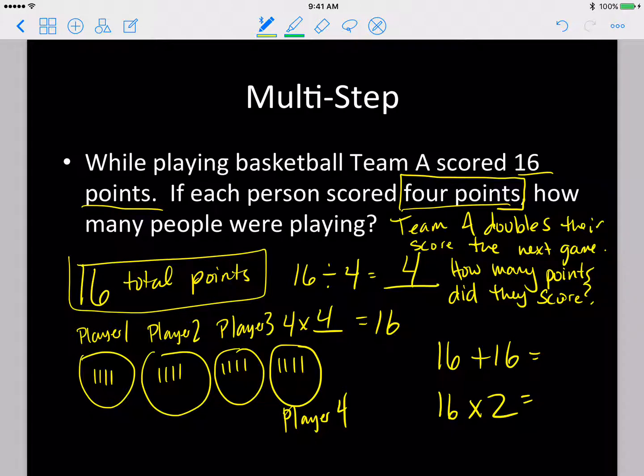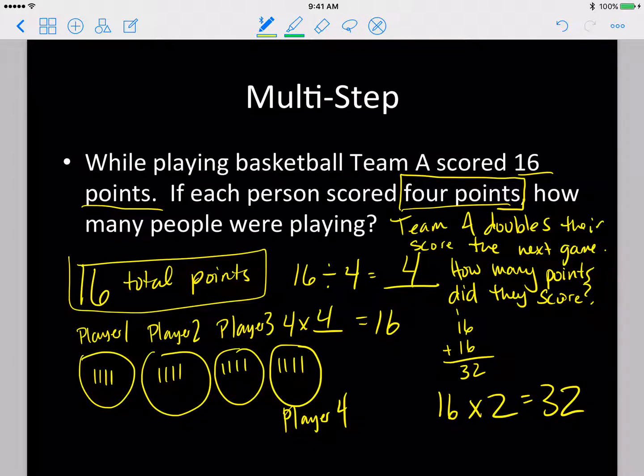So if you don't know what 16 times 2 is, well, let's just rewrite it. Let's rewrite our 16 plus 16 that we wrote this way. We could just do 16, 16, add them together. 6 plus 6 is 12. 1 plus 1 plus 1 is 3. 32. So 16 times 2 is 32.